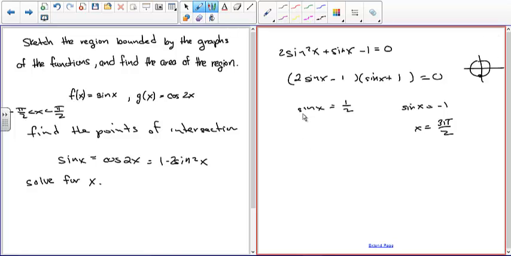And in the domain negative pi over 2 to positive pi over 2, we're just going to use the unit circle here. So the sine is the y coordinate. So I take a line at a half, and then I can draw my angle here, and the same thing.